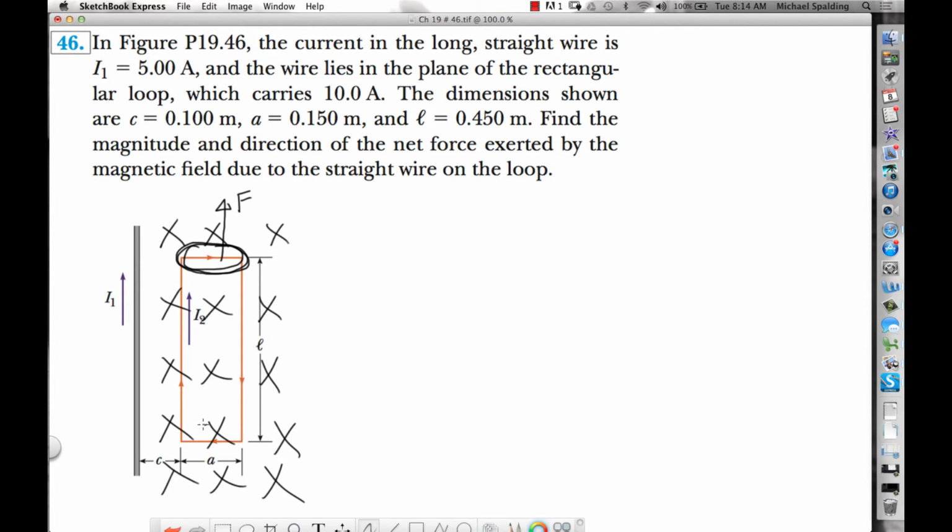Now let's do the same thing for down here. Right-hand rule number one. So your four fingers are going in. Your thumb now points to the left. Which way is the palm of my hand? Down. So look, what will be happening to this force and this force?